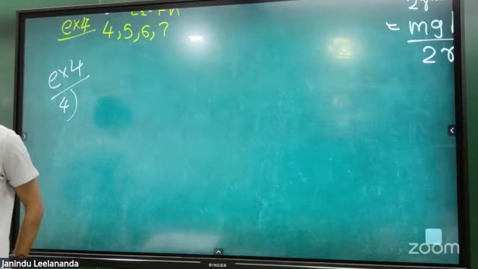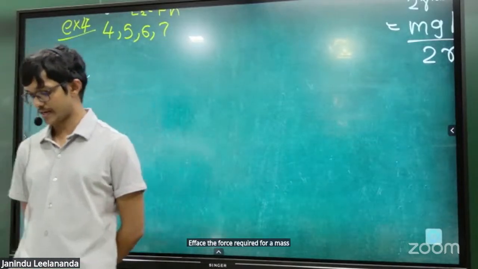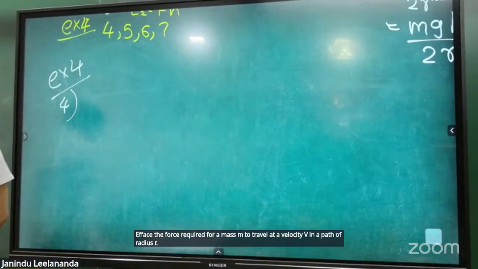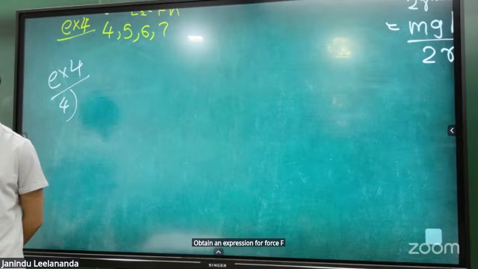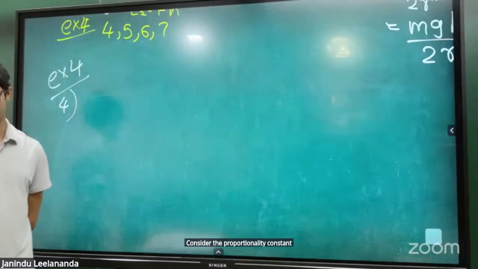F is the force required for a mass m to travel at a velocity v in a path of radius r. Obtain an expression for force F using dimensional analysis in terms of the above quantities. Consider the proportionality constant k equals 1.